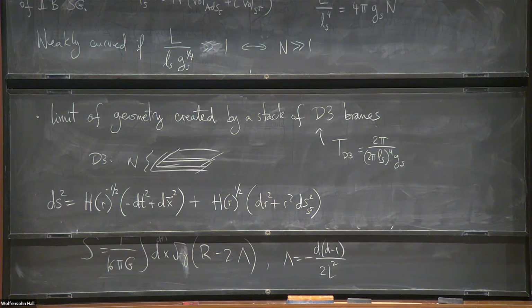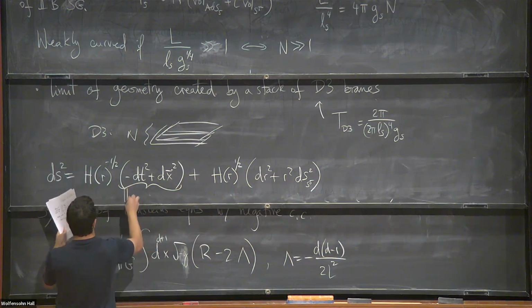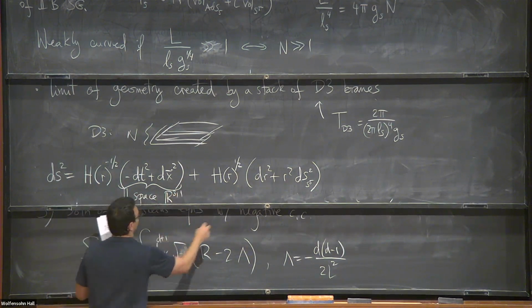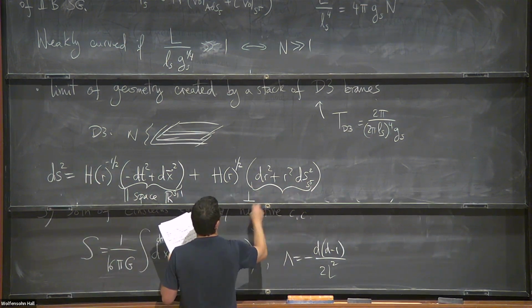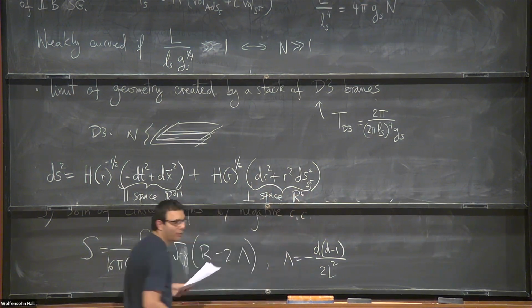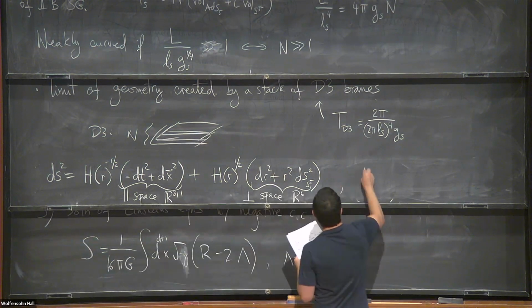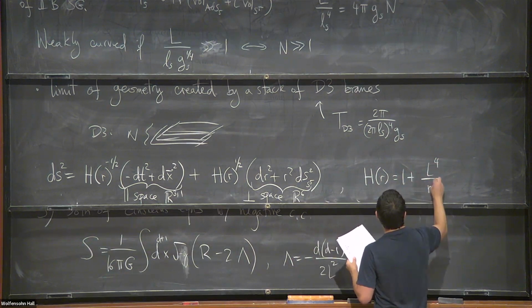This is the space parallel to the brane, which is R3,1. And this is the transverse space, which is just R6. So 4 plus 6 is 10. It's good, we're in 10 dimensions. And this function H is 1 plus L to the 4 over r to the 4.